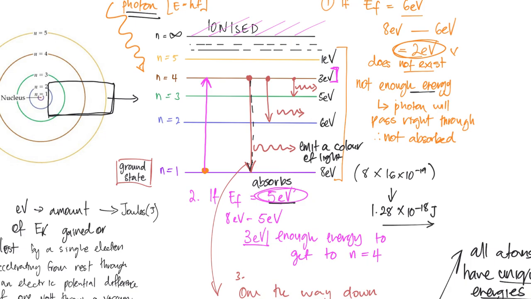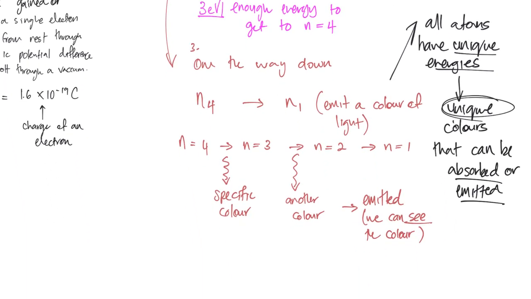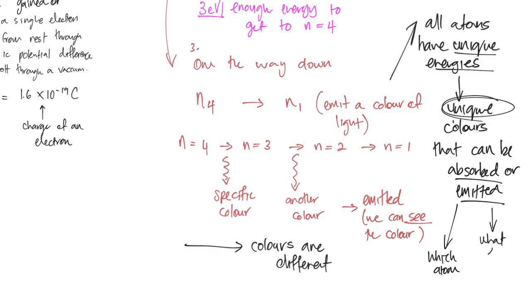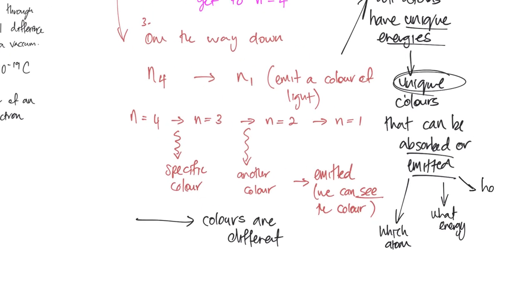Each time they go from one energy to another energy, the colors will be different. And that can give us information about which atom I'm dealing with. Remember I said, which atom is this? If I look at what's been absorbed or emitted, I can look at what energy levels I'm dealing with, and I can look at how far apart the orbitals are.